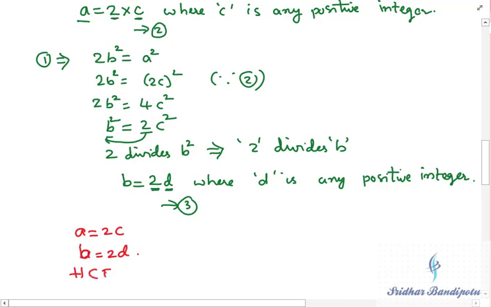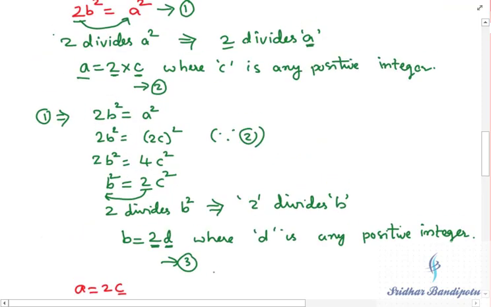What is HCF of a comma b? HCF of a comma b is 2, right? 2c and 2d. At least 2 is common in these two. Of course, there may be some other prime number also common in the prime factorization of c and d. But from these two, we can say clearly 2 is at least one of the common factors, right?